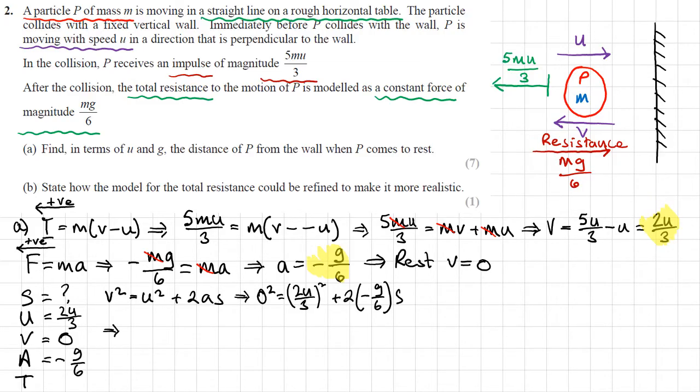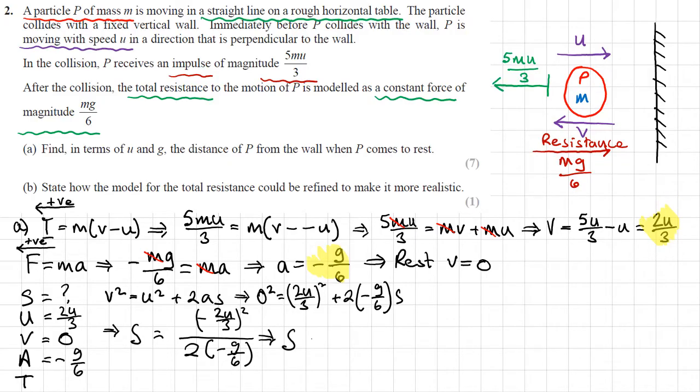Rearranging for s, I will have negative (2u over 3) all squared over 2 times negative g over 6. That's a g there, not a 9. Let's see what we get for s.